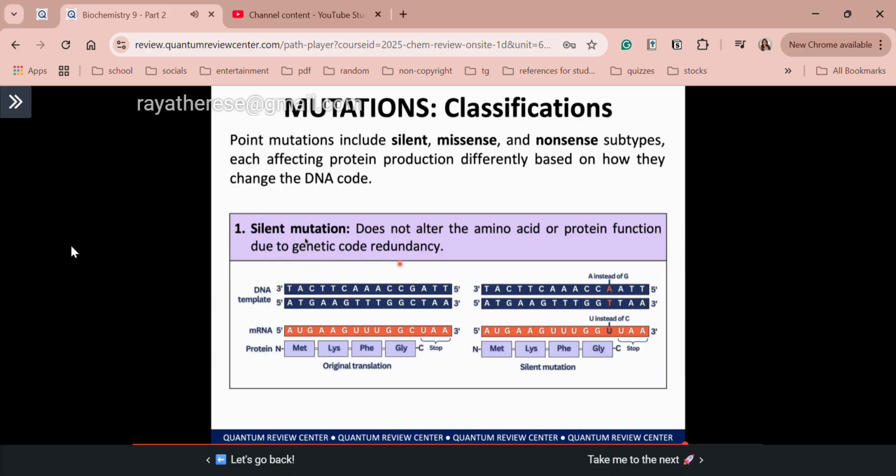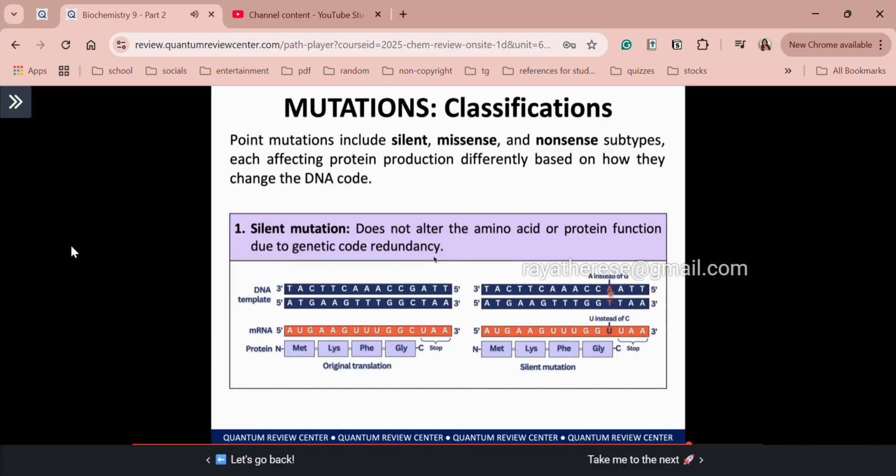Okay, so let's check the specific example here. So class, here is your original translation. So I think it's also in your manual. So upon silent mutation, or when your silent mutation occurs, here instead of your G, we replaced it by A. And of course, your template strand will have that base instead of your, what is the base pair of your G, your C dapat, diba?